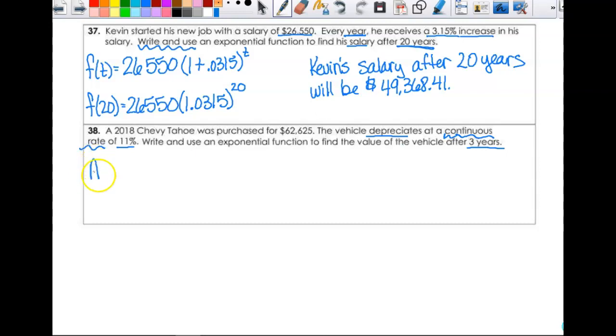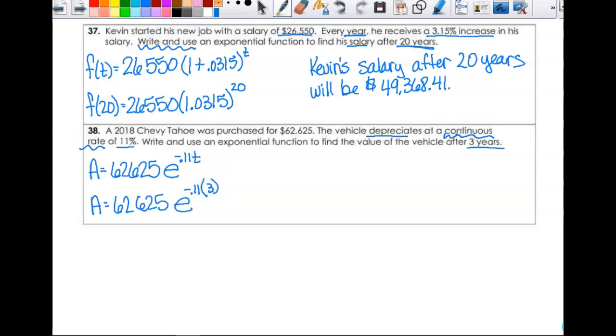So A equals the initial amount, which is $62,625, times E to the rate. So the rate is 11%, so that's 0.11 times T, but this depreciates. And the way you do growth and decay with the PERT formulas, if it's positive, if it's growth, we want it to be decay, that has to be negative. Then I can actually put in the time, $62,625 times E to the negative 0.11 times 3.